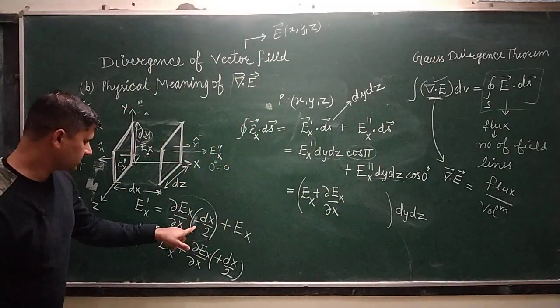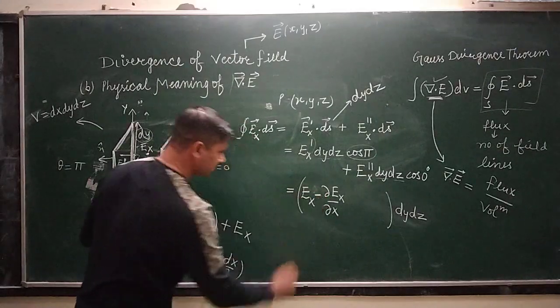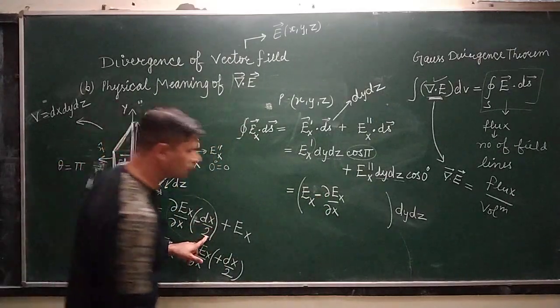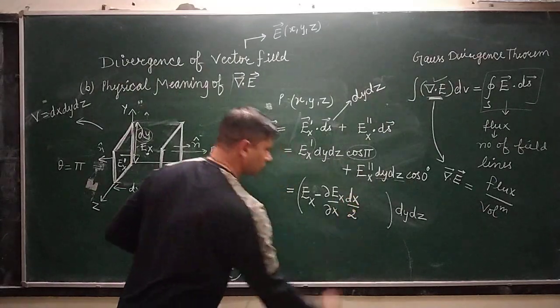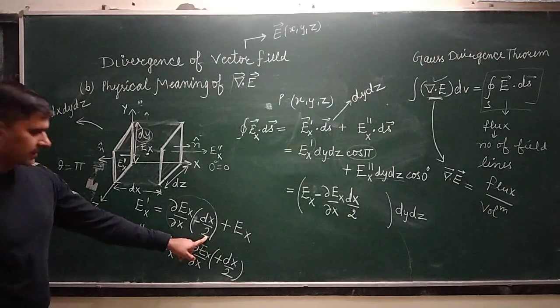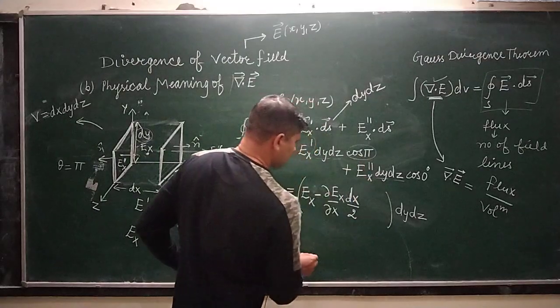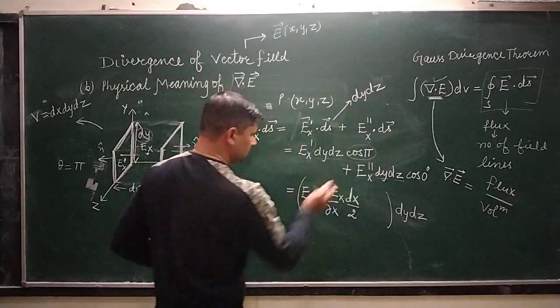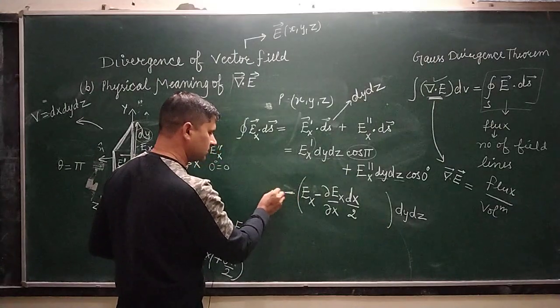Here is minus sign, so we will write here minus dx by 2. It is half of the width of the cuboid along x direction. And then you have cos pi, so you have to put one more negative sign here.